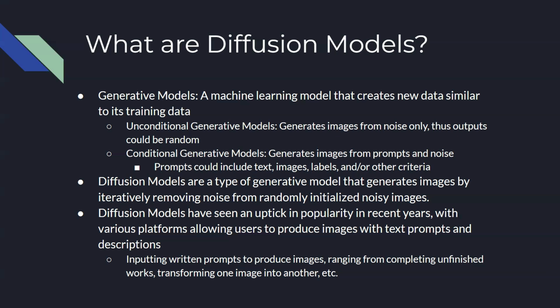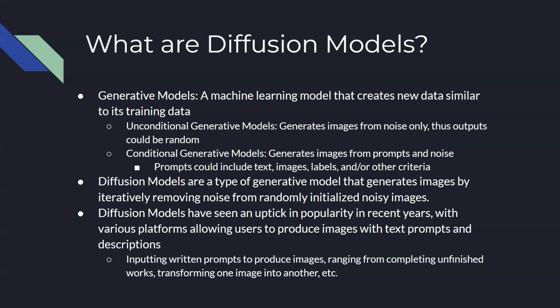This is in stark contrast to conditional generative models. They generate images from prompts and noise. What this essentially means is that when you input a type of prompt, which could be text, images, labels, or other criteria, it will pass through the model, and the generative model will produce the same information that the input is asking for.